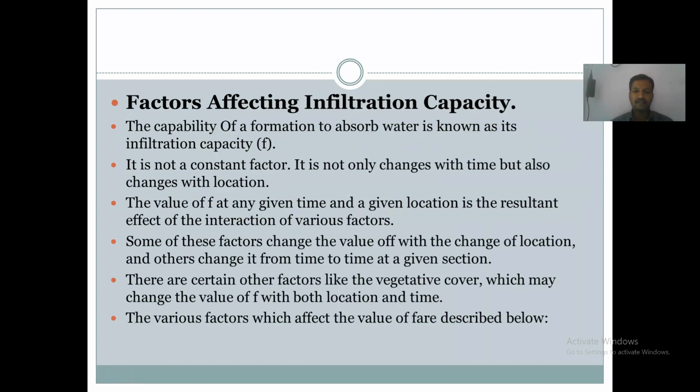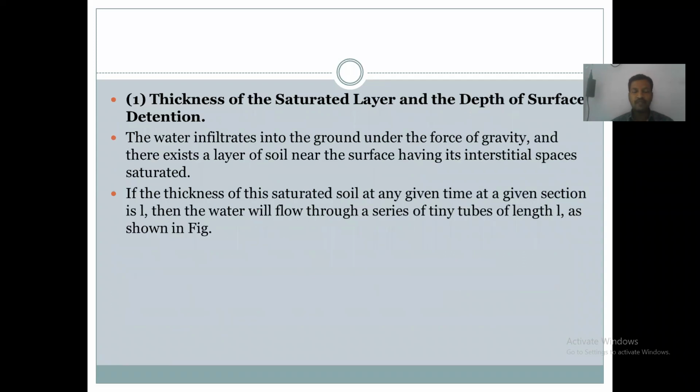So what are the factors affecting the infiltration capacity? It will be based on the thickness of the saturated layer and the depth of surface detention.